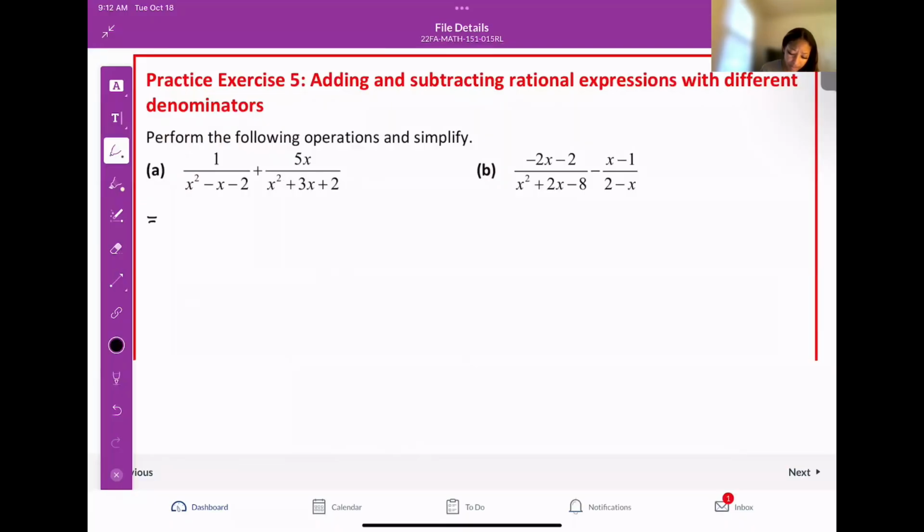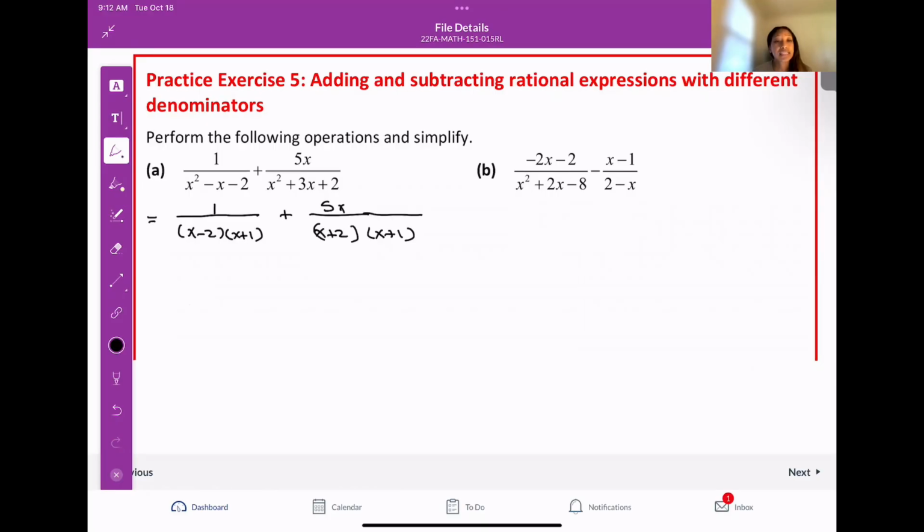We want to factor these denominators. So this is 1 over (x minus 2)(x plus 1) plus 5x over (x plus 2)(x plus 1).